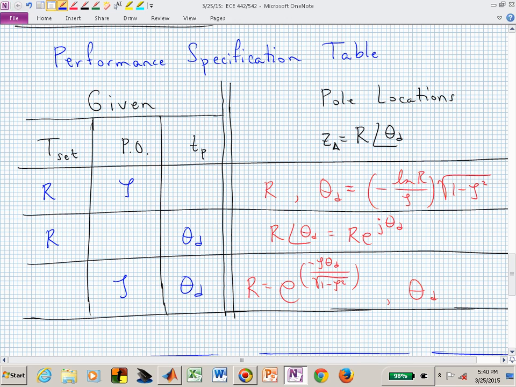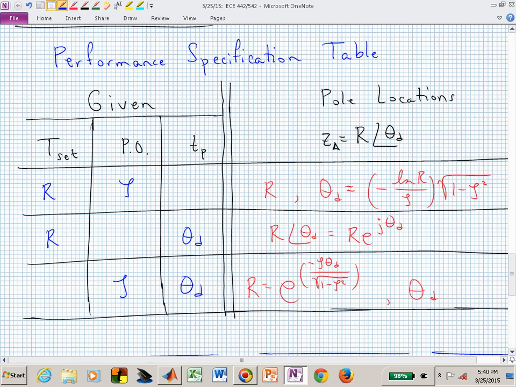But now you have r and theta sub d, you can find z sub d. Similarly, given the settling time and the peak time, or given the percent overshoot and the peak time, you can figure those relationships, finding r and theta sub d given the specified values for performance, either settling time, peak time, or percent overshoot.